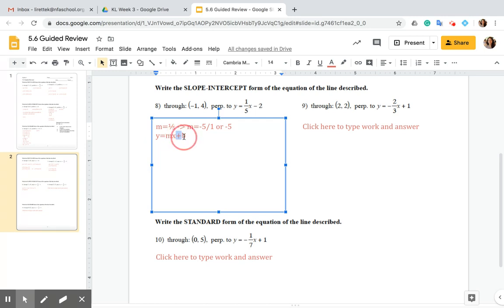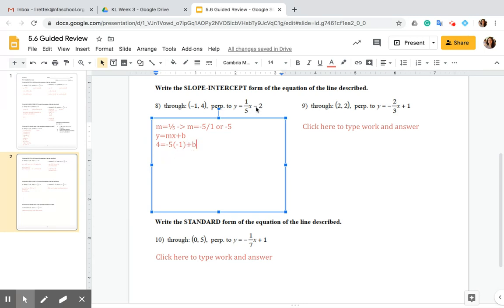We need to solve for what our specific b value is going to be because it's passing through a specific point. So I'm going to substitute 4 for y, negative 5 for m, negative 1 for x, and again, we're multiplying, so I'm going to put it in parentheses, at least one of the values, and the plus b is a variable.